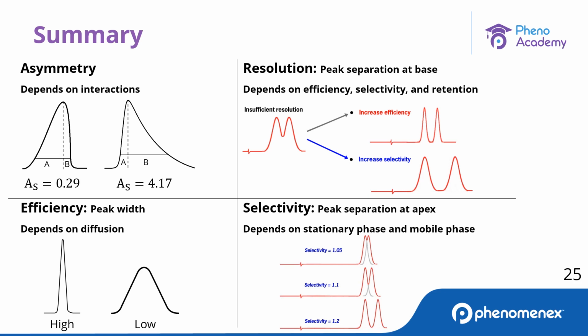High efficiency means sharp peaks. Low efficiency means wide peaks. Selectivity is a measure of peak separation at their apices. It depends on the stationary phase and the mobile phase. And resolution is really baseline separation between two peaks. And this depends on efficiency, selectivity, and retention.